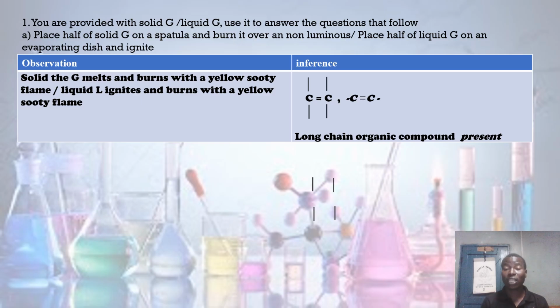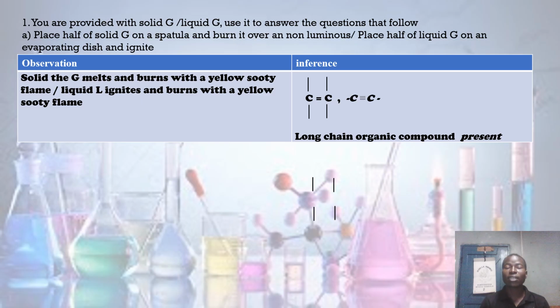Sometimes, with this aspect of the flame being sooty, you need to remember that in organic chemistry, different organic compounds have different levels of unsaturation. The organic compounds which are highly unsaturated are going to produce a lot of soot that the learner is able to see clearly.